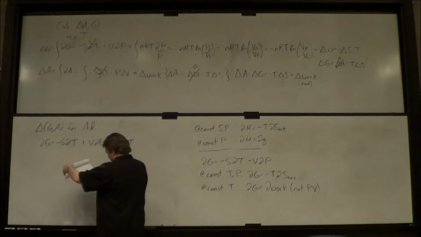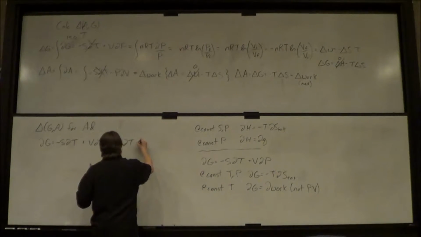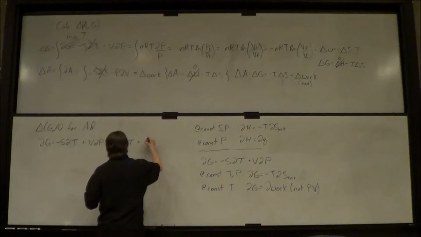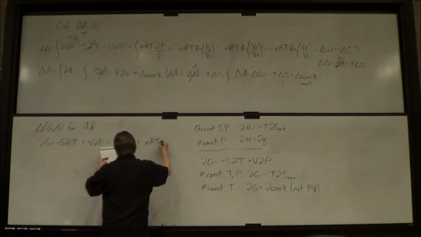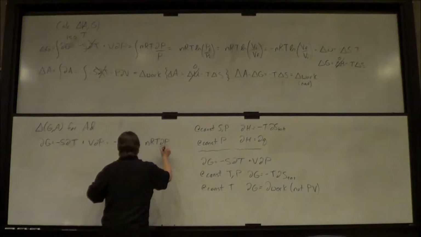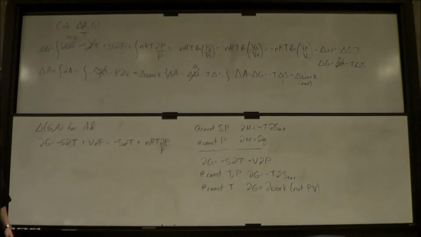Sorry, where am I at? A lot of you on question 13 tried something like this: NRT. So you changed V to NRT dT. You tried something akin to this. You can't.